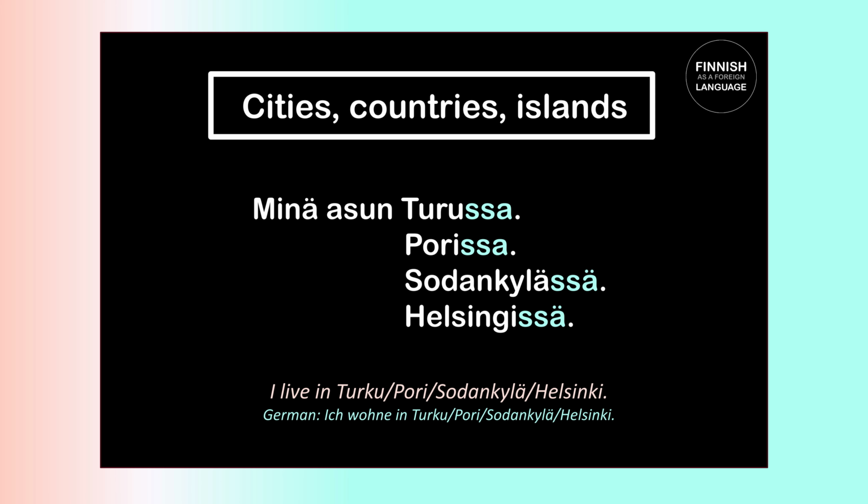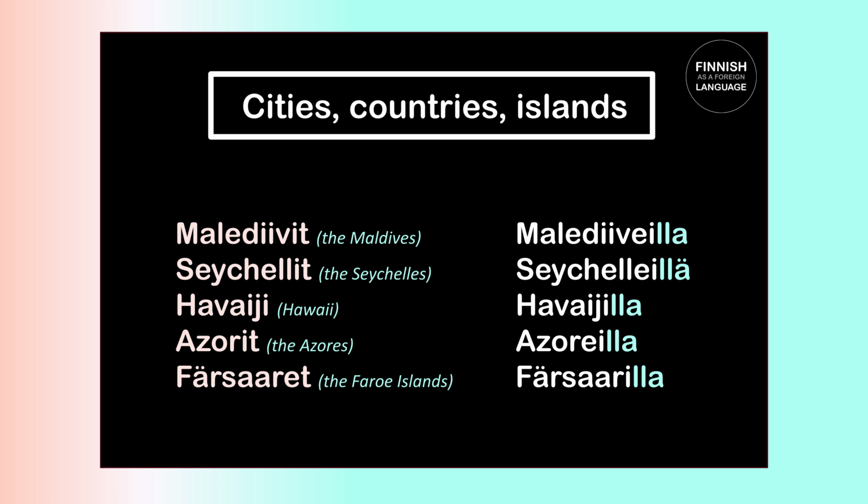Now let's take a look at some other places. For example, Maldives in Finnish is Maledivit. And when we want to say on the Maldives, then we say Malediveilla. Seychelles in Finnish is Seychellit. And when we want to put it into the adjective case, then it is Seycheleillä. We carry on.